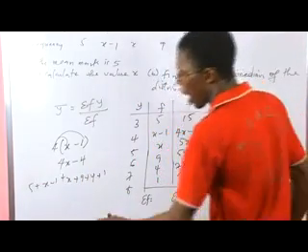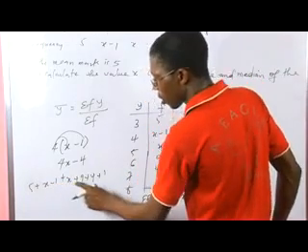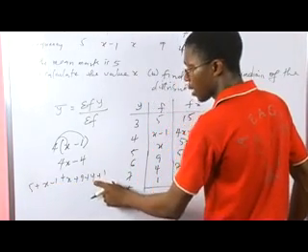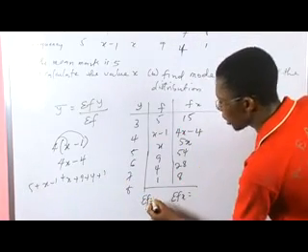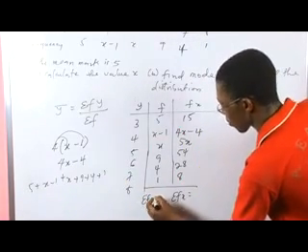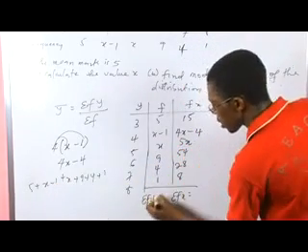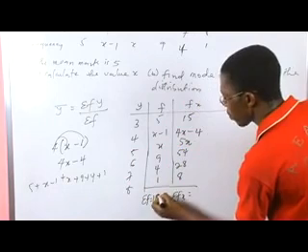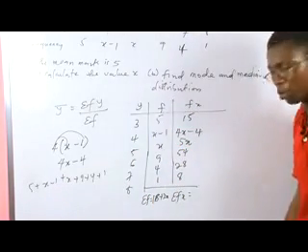So what do we have? 4 plus 4, that's 8, that's 18. So 18 plus 2x, because x plus x will give us 2x.